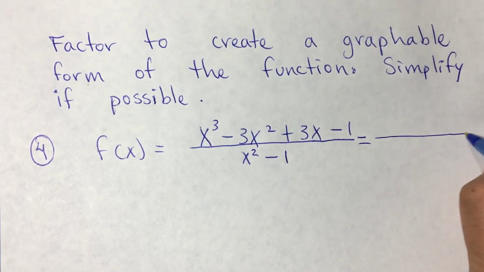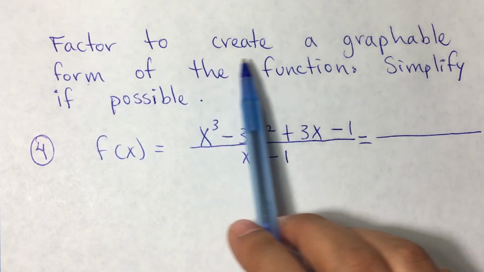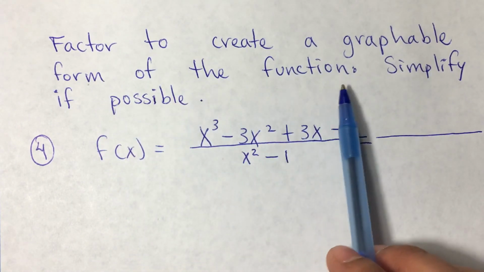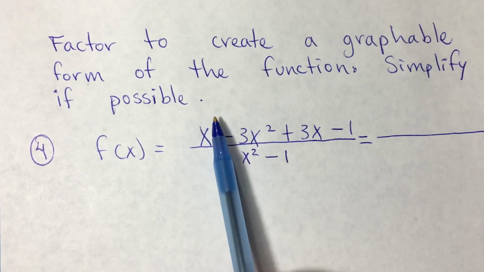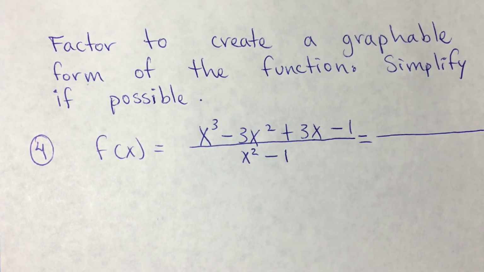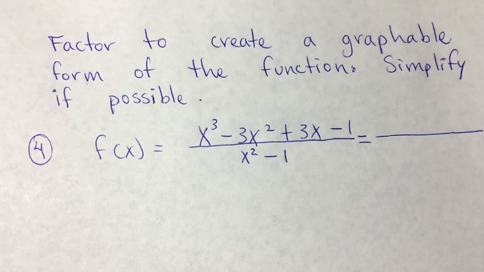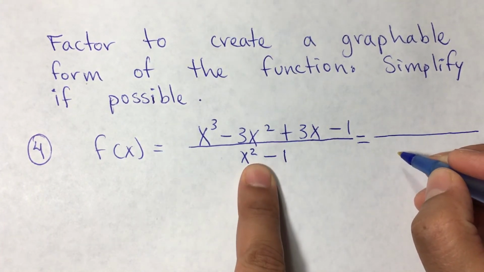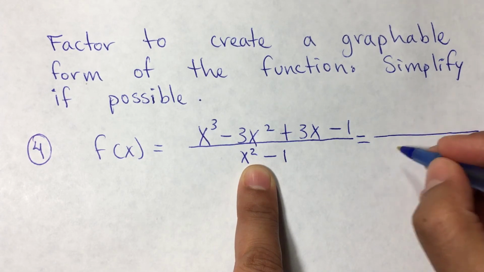Okay, for number 4, it says the same thing, factor to create a graphable form of the function, simplify if possible. And now I have a quadrinomial and a binomial. Okay, and so to factor here, this is a special square. It's another review.